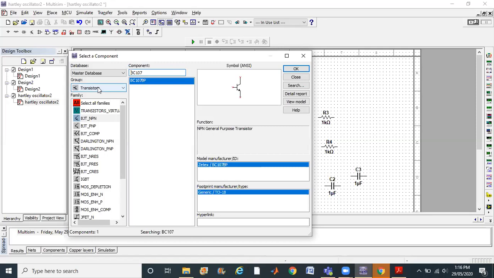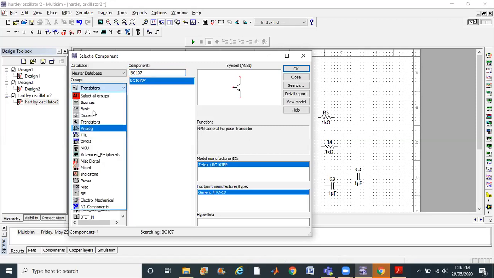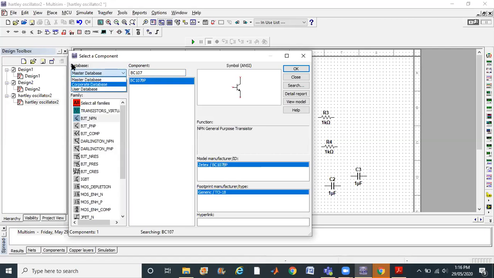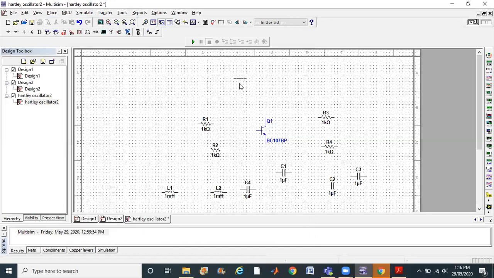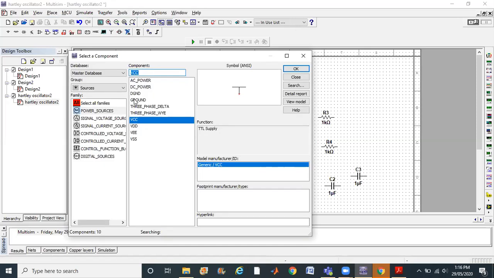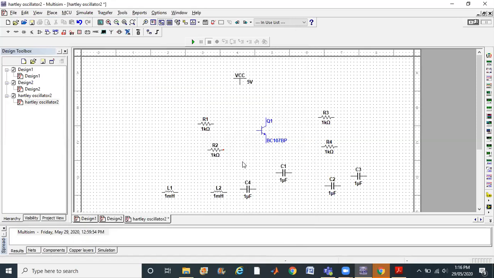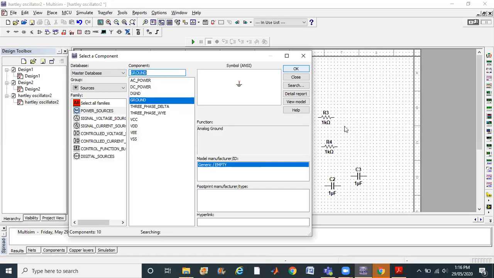And I need sources. Then ground, I need 1 ground, and I'll take 1 more ground. Okay, now all the components are there.